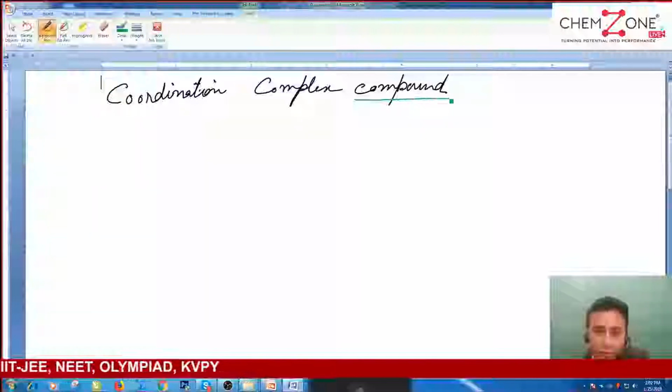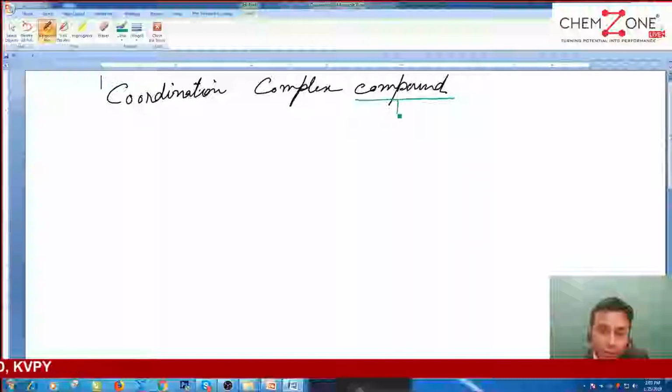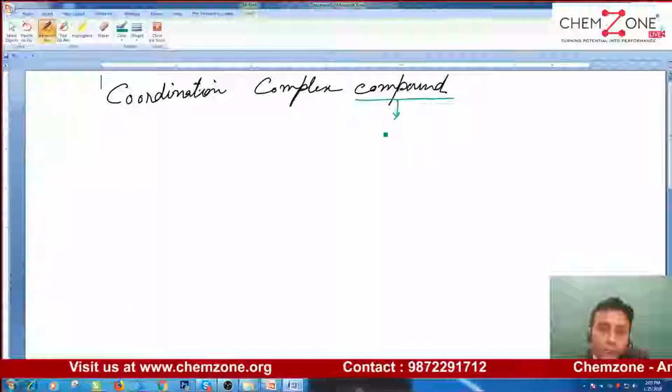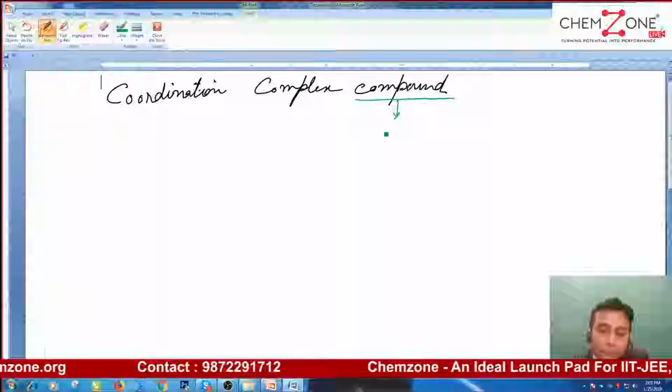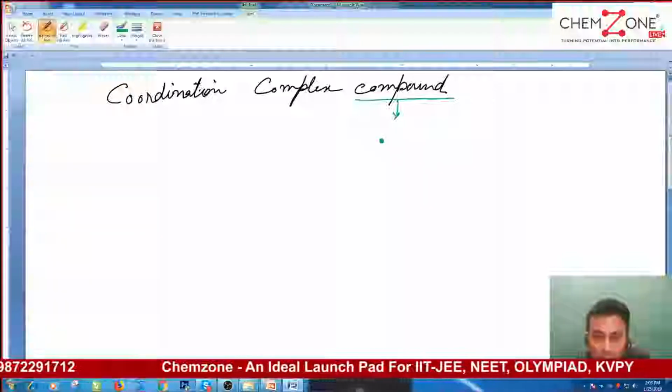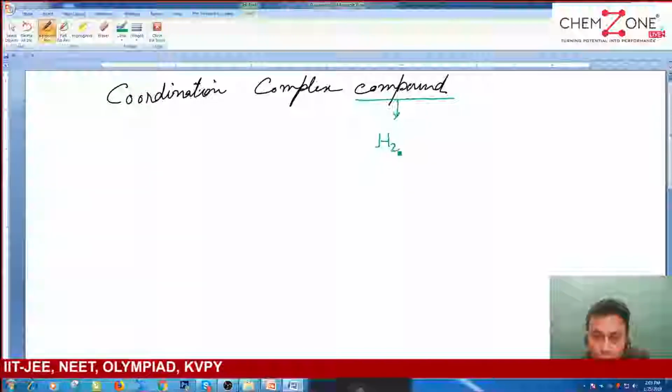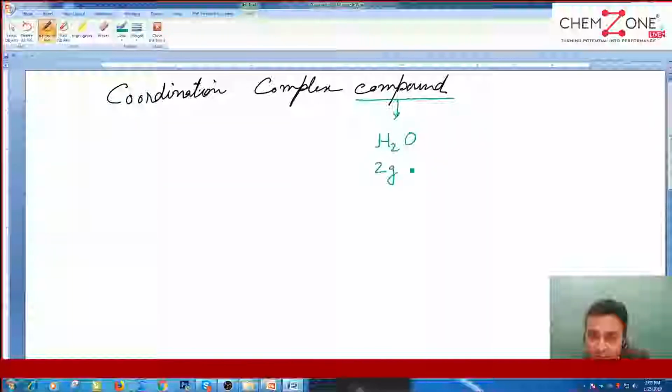What is a compound? You tell me something about what is meant by the word compound. Well, a compound is a molecule that is made up of atoms that come together either by molecular bonds or ionic bonds. Okay. So a compound consists of two or more elements in a definite ratio by mass.